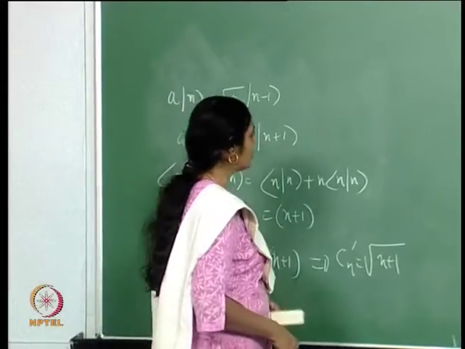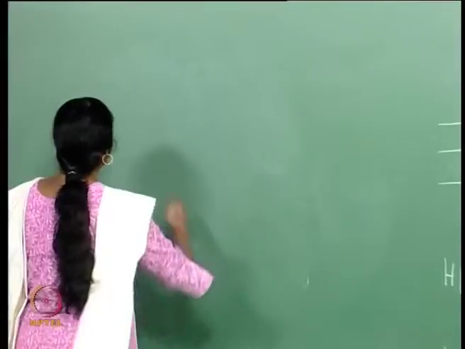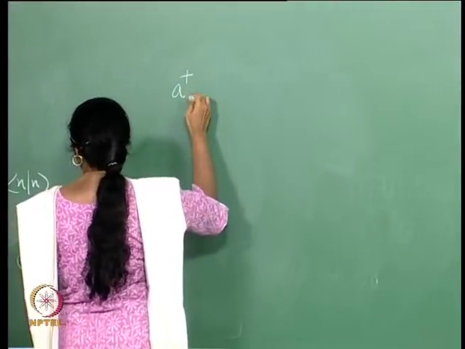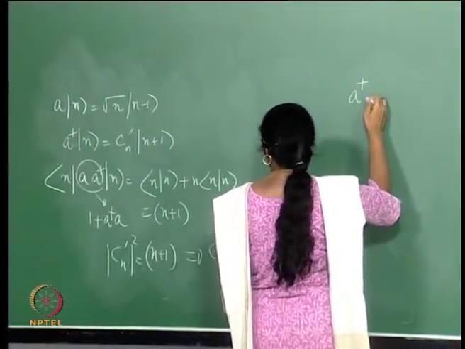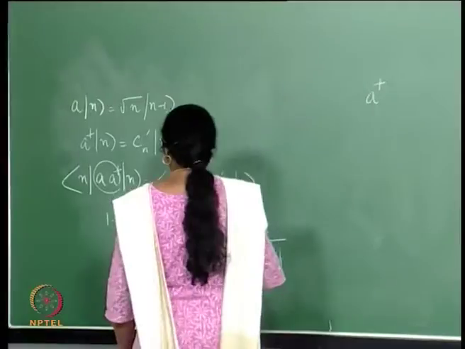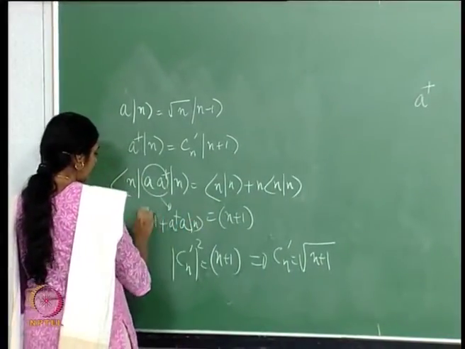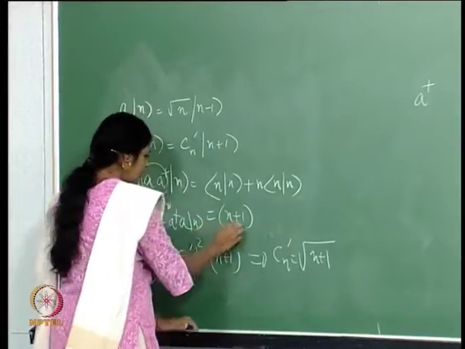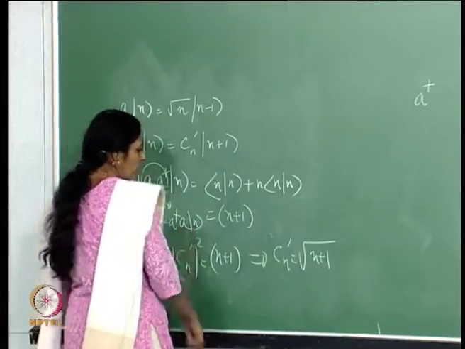And therefore, I have the equation. This is 1 plus A dagger A on n, and that is why I got an n plus 1. This would have been an n here and a 1 there, and therefore I got an n plus 1.